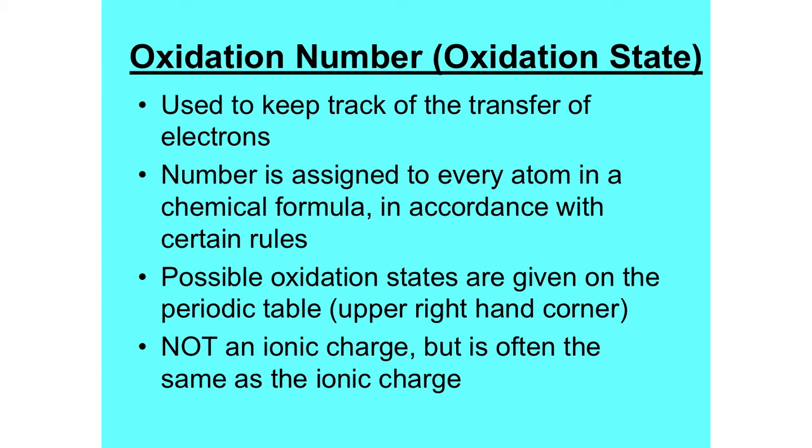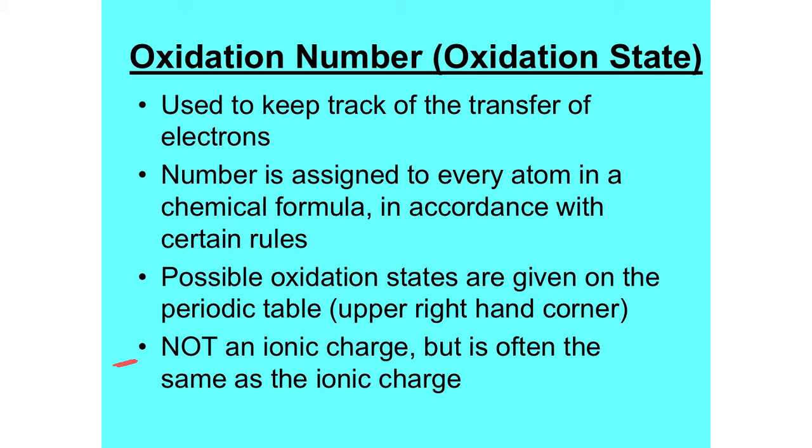On our periodic table, in the upper right-hand corner, those are possible oxidation states. Now, this last statement here is a little bit confusing. So our oxidation numbers, by definition, are not the same as an ionic charge, but they often have the same numerical number.